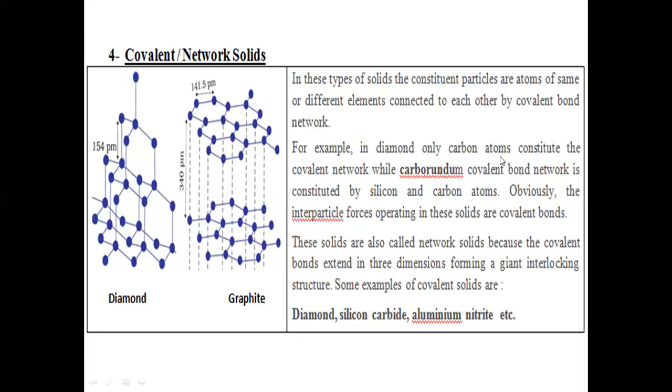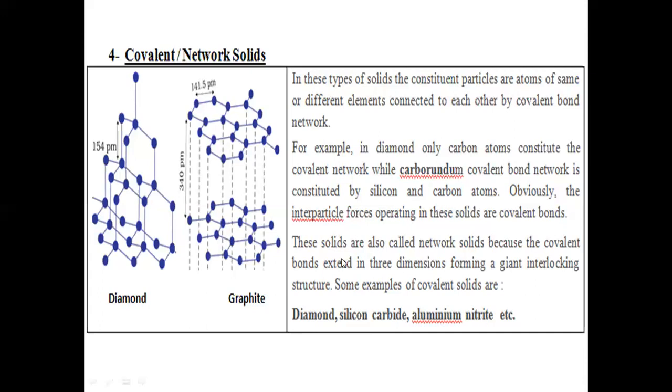Diamond is constituted by the carbon atoms, carbon tetrahedrons. Moreover to this, carborundum, its formula is SiC, is also a covalent solid. And the other examples here are silicon carbide, that is SiC only, and aluminum nitride, that is AlN.